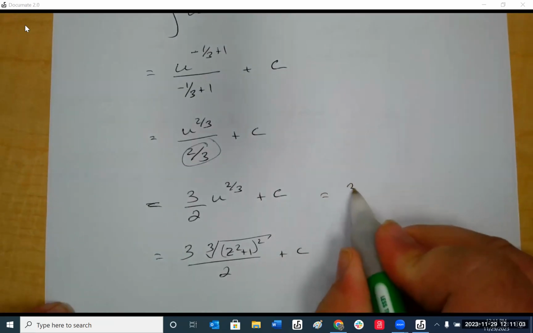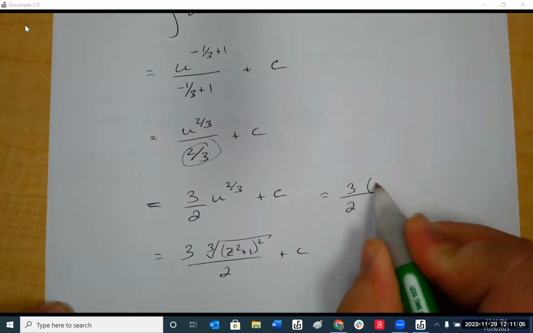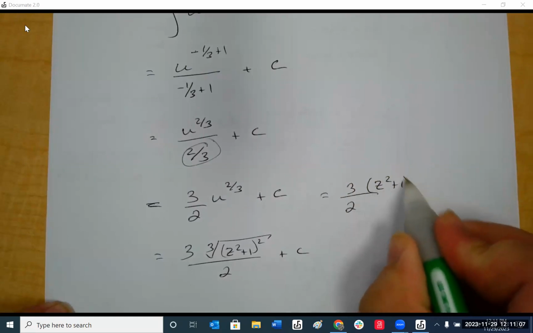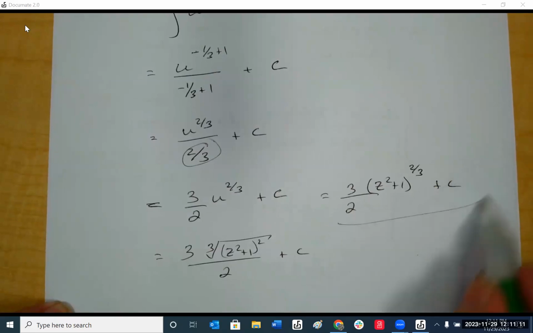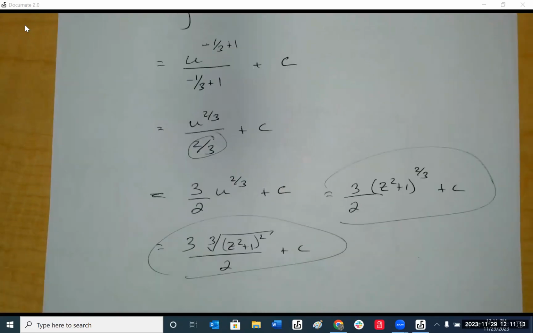Or you could write z squared plus 1 to the power 2/3 plus c. Either one of those will work.